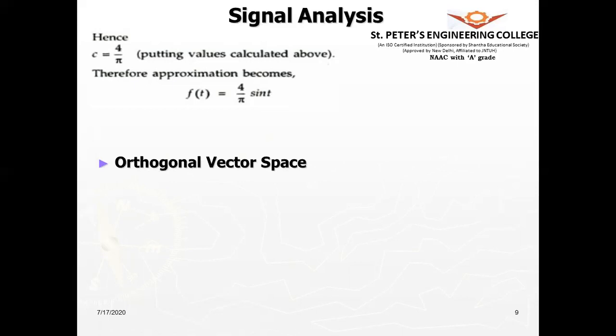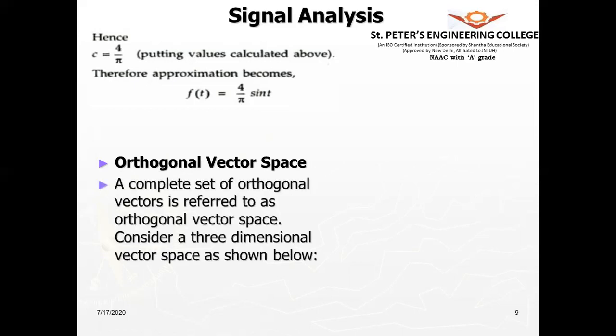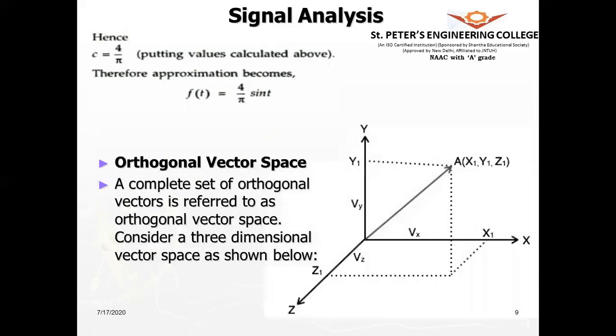Next, let us look into what is orthogonal vector space. So it is a complete set of orthogonal vectors. If you consider a three-dimensional vector space as shown here, and A is a vector in this three-dimensional vector space denoted by x1, y1, and z1.